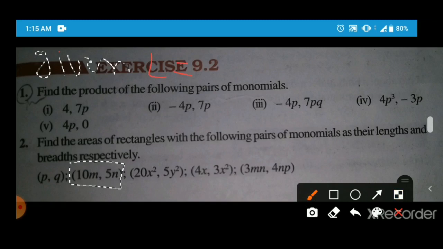Length equal to 10 m and width equal to 5 n. We know that area of rectangle is equal to length into breadth. On putting the values of length and breadth in this formula, it is already given.